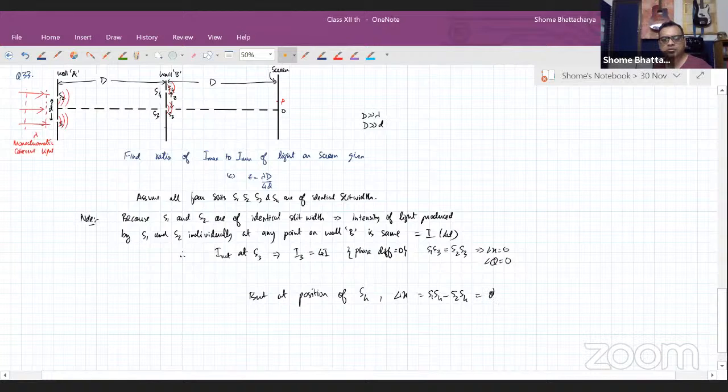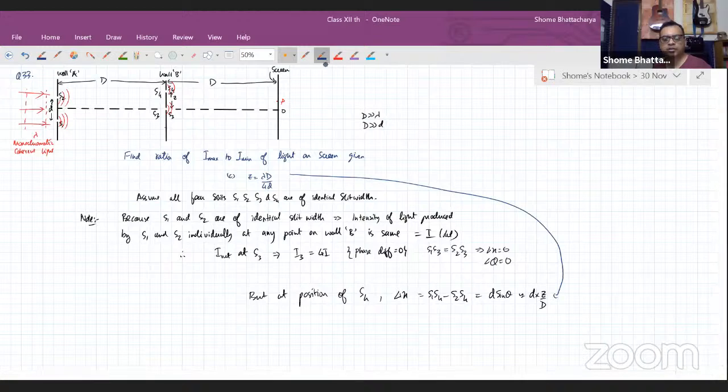That will be your small d sin theta, which is approximately d into z by capital D. So it will become like this. Now you bring in this quantity which is given here. So that path difference at that point is small d by D into z, which is given to us as lambda times capital D by 4d. So it is lambda by 4. That means the phase difference is pi by 2.